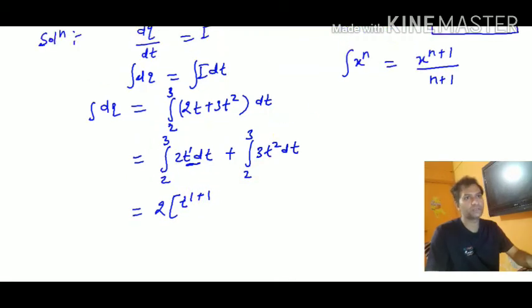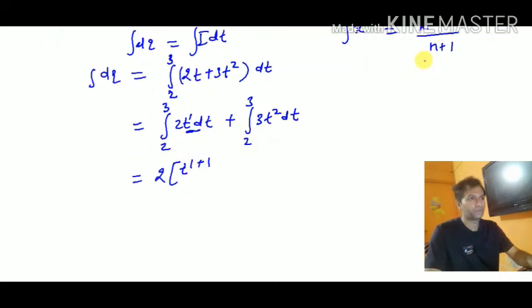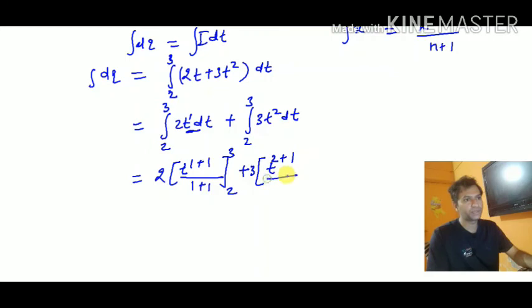See the formula, students? See this formula? 1 plus 1 divided by 1 plus 1, and limit 2 to 3, plus now we will integrate this, 3 will come out and t square means t raised to 2 plus 1, n plus 1 in the formula, divided by 2 plus 1 and limit 2 to 3.